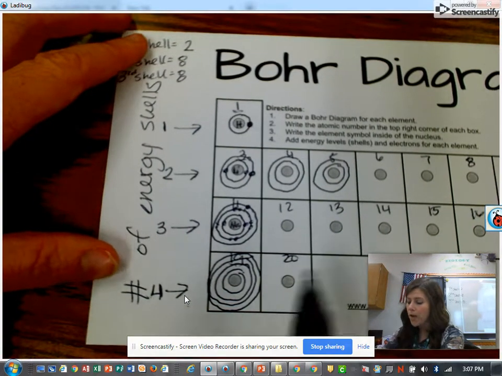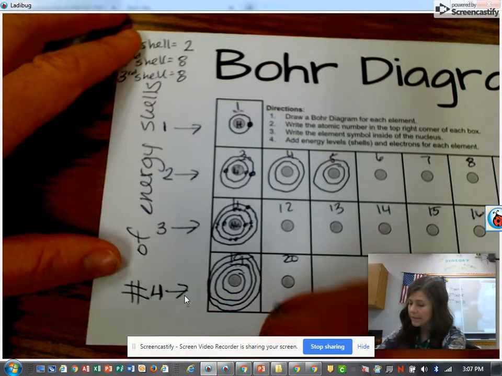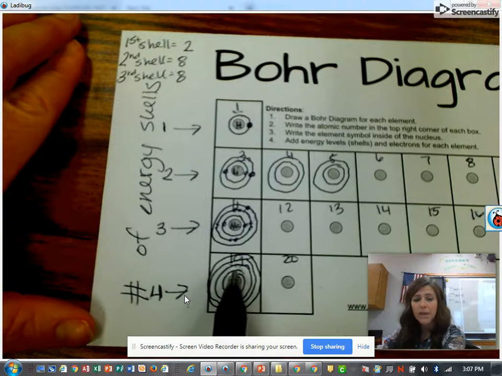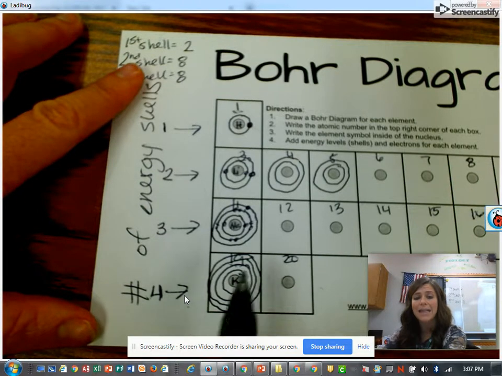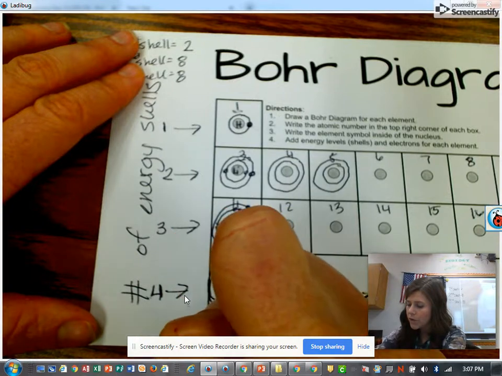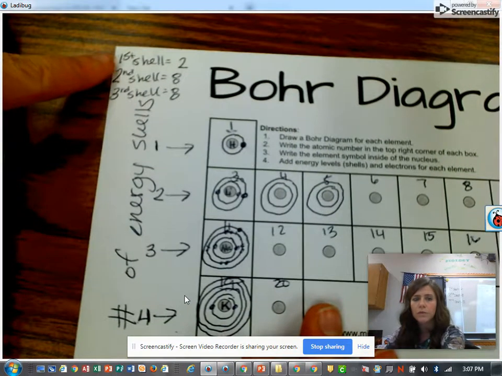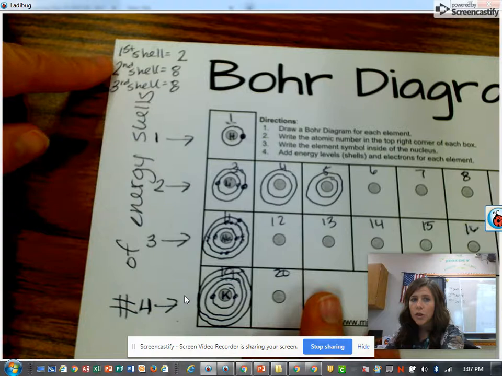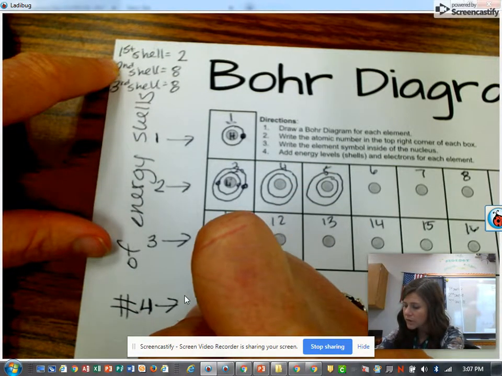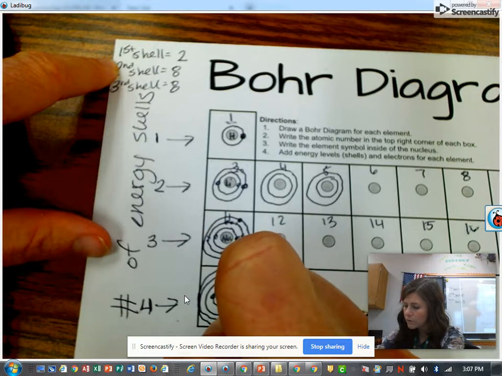All right, what about element number 19, which is potassium? You write the K in the middle. We know that it's element number 19, so it has 19 electrons. The first shell has 2, and we know that because we're just following these rules. The second shell has 8, so that would give us 10.